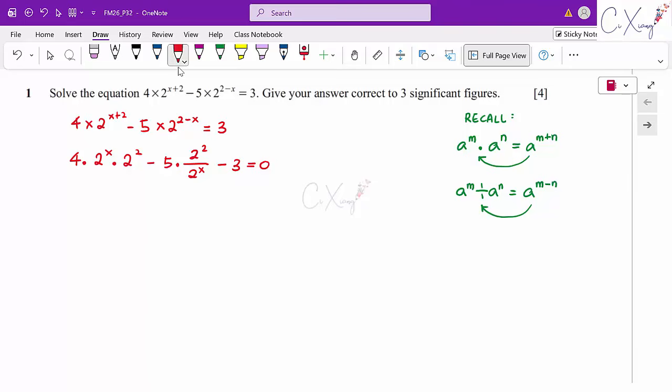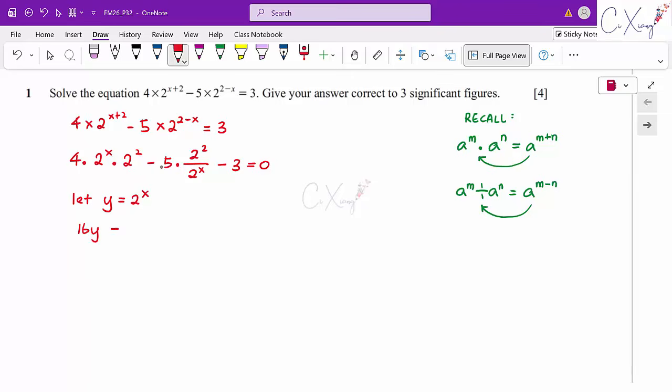Okay, all right. Then you can see that having the 2 power x here as a denominator is a bit troublesome for us. From what I can observe, I'm having 2 power x and also 2 power x, which is something in terms of x. So if you want to make your calculation easier, you can let y equals to 2 power x, and from here, simplify all these values. 4 multiplied with 2 squared is 4, so 4 times 4 is 16, so you're having 16y.